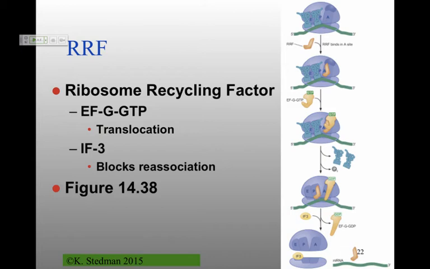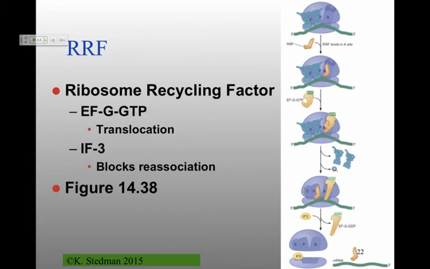You have basically translocation of the ribosome. Translocation of the ribosome, all of the tRNAs fall off. Once the tRNAs have fallen off, now you have the large subunit and small subunit that fall apart. You have IF3, which comes into the complex and blocks reassociation from taking place.